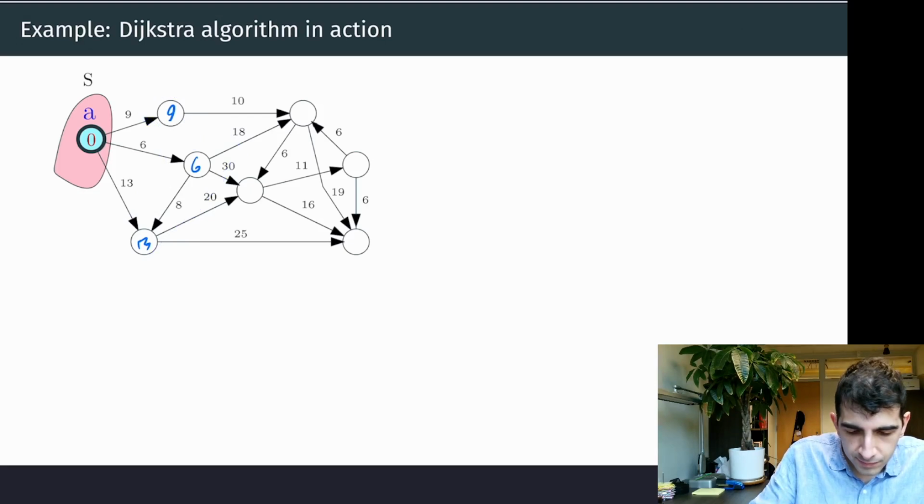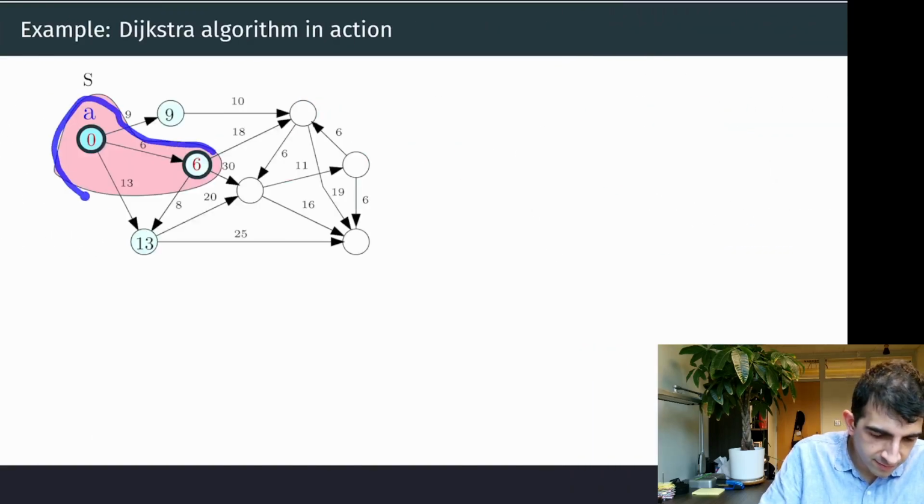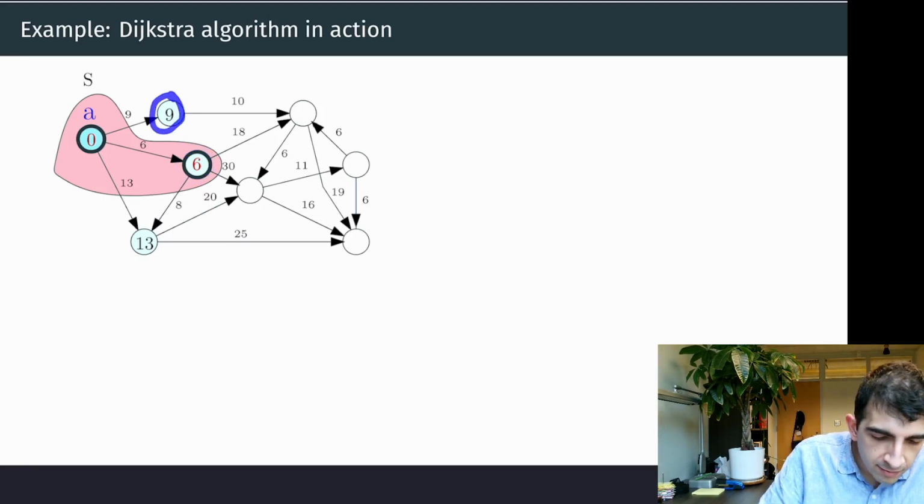Okay? So we get this path, and now we need to add a vertex to x. And of course, we find the minimum distance vertex. And we simply say, add this vertex to x. Okay? Easy enough. Now that we've added this vertex to x, what does this mean? Is the minimum path to here going to change by adding this vertex to x?